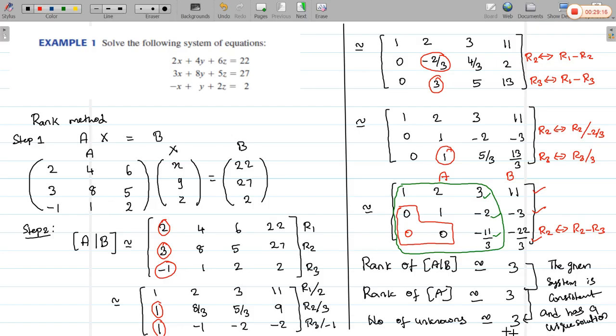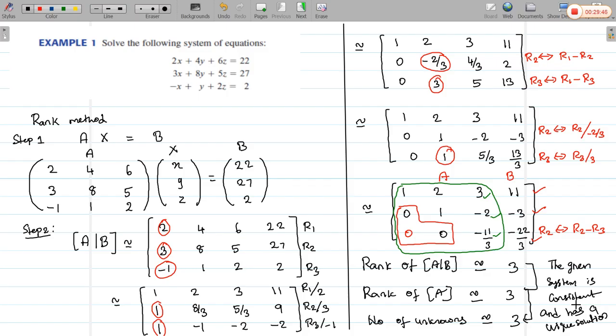Do you understand? If the rank is less than the number of unknowns, that means many solutions. But here, they are the same. So what is the solution here? Unique solution. What is the meaning of a unique solution? There is one value for x, one value for y, one value for z.